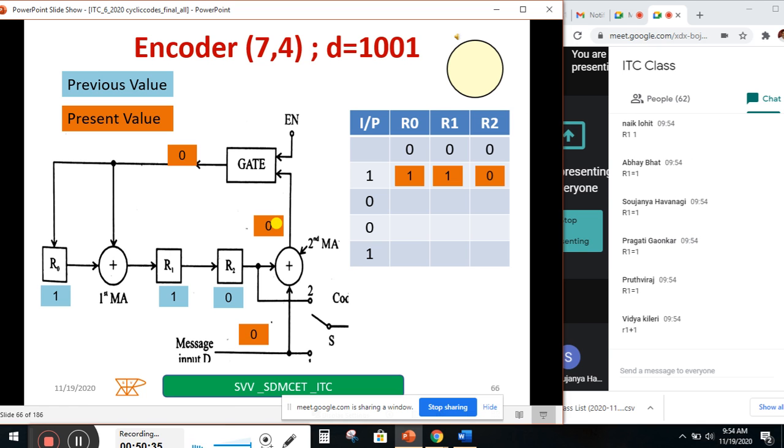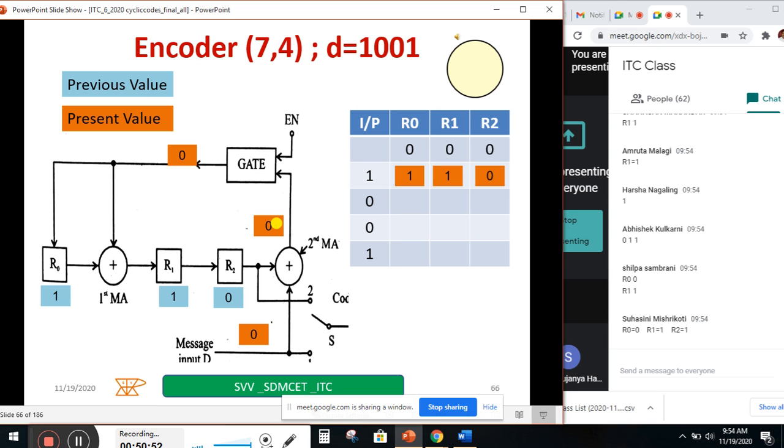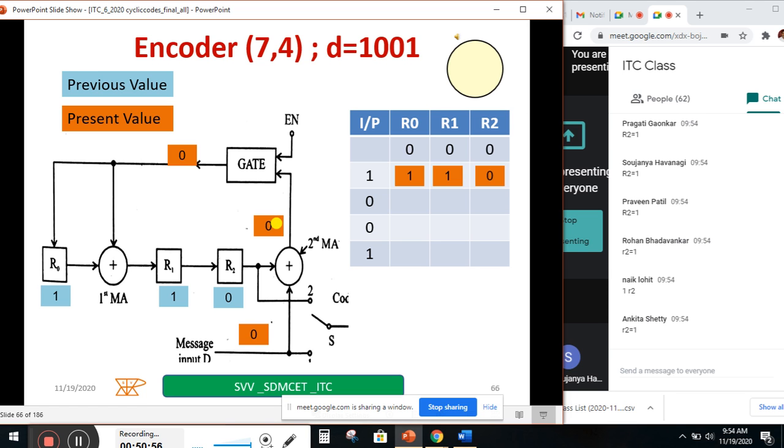Prithviraj is typing R1 equal to 1. Vidya and Geeta, Vishwa, Prajakta, Deviraj, Ritika. Good. And now R2 equal to how much? Nutan, Vadgeri, Siddharth have typed all the answers, 0, 1, 1. And R2 equal to 1, Suhasini, Mishri Koti is typing. Yeah, let me show you the answers.